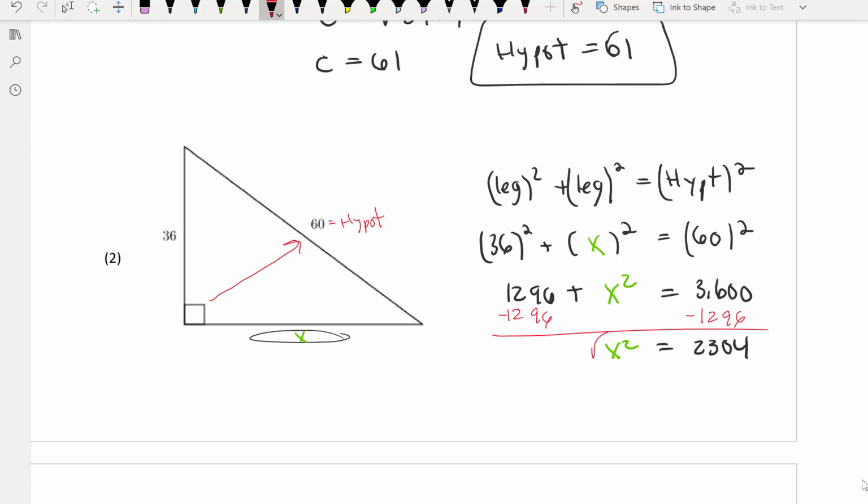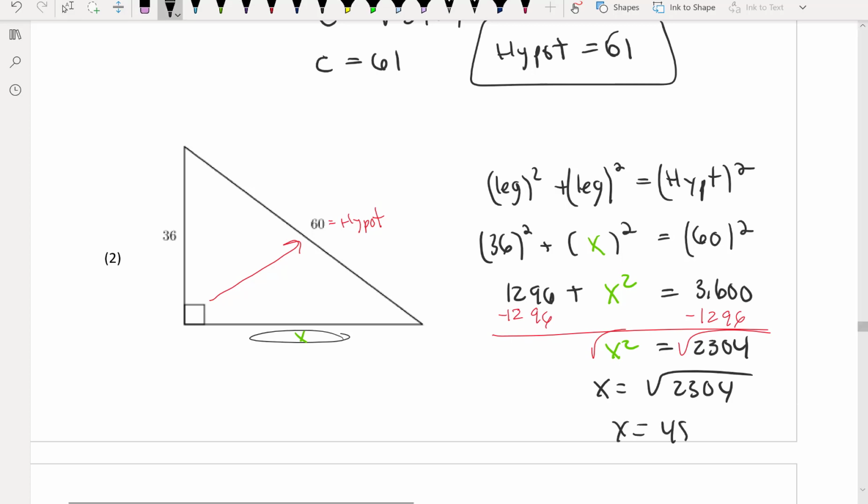So to undo the square, I'm going to square root it. So I have that X is equal to the square root of 2304. So if I have the square root of 2,304, that's going to give me 48. So this x value is really 48.